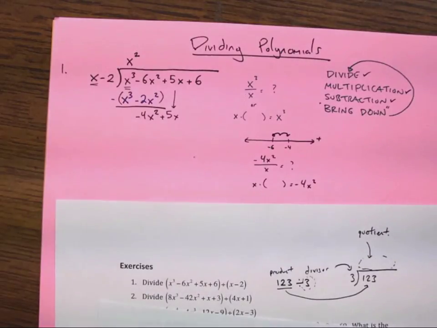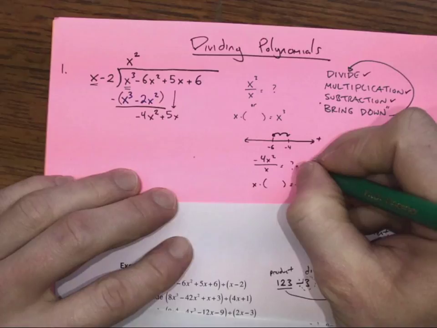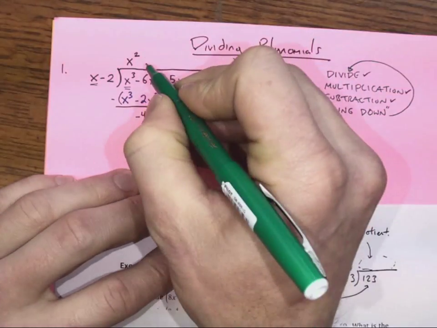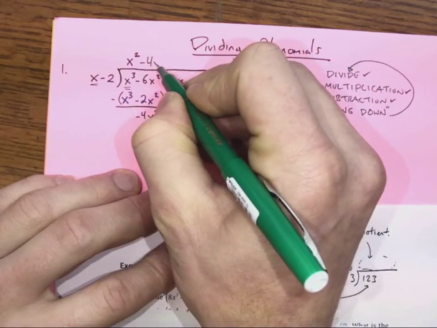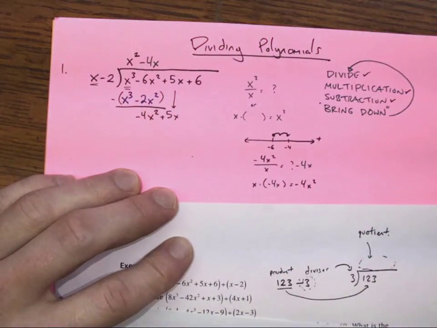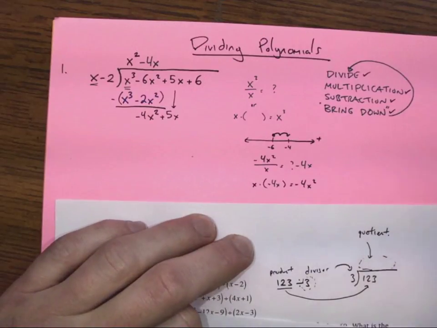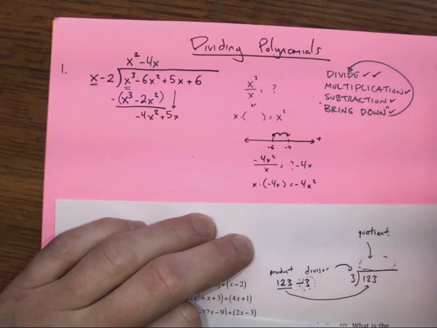And you can choose which way to look at that. And the answer to both of these questions is negative 4x. So we'll write a negative 4x up here. And that's the divide step. So we did bring down, and then we're moving back up to the top. So we did division.